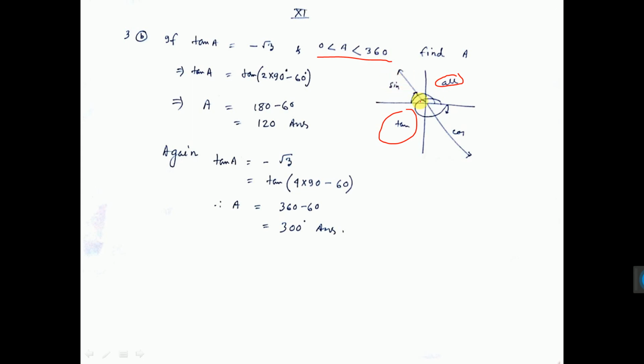So tan can be negative here and here. If I consider the second quadrant, then I have to write minus root 3 equal to tan of 2 into 90 minus 60, because you see here 1 into 90, 2 into 90 minus 60, if I give, it is coming again in the second quadrant. That is why I have written this way. So tan cancels, then A equals 180 minus 60, that is 120 degree. And you know 120 degree is in the second quadrant only.